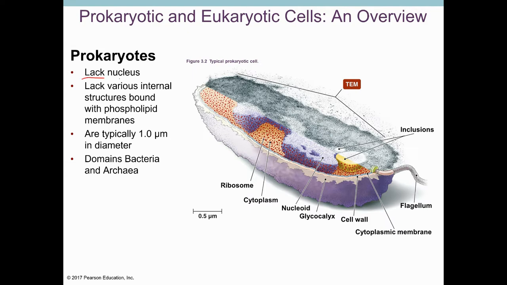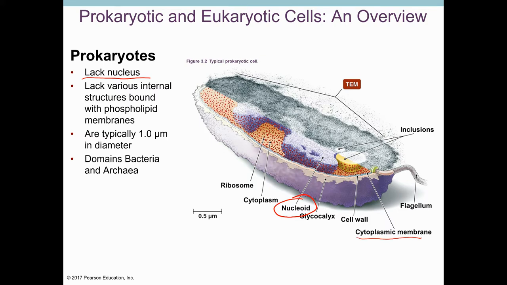So like I said, prokaryotes, it's understood that you already know they lack a nucleus. They do have DNA. The DNA is found in a region that we typically call the nucleoid. So that's where the DNA is sort of bundled up, but there's no membrane surrounding it. Other than the plasma membrane or the cell membrane, you don't have any additional internal membranes for the most part.